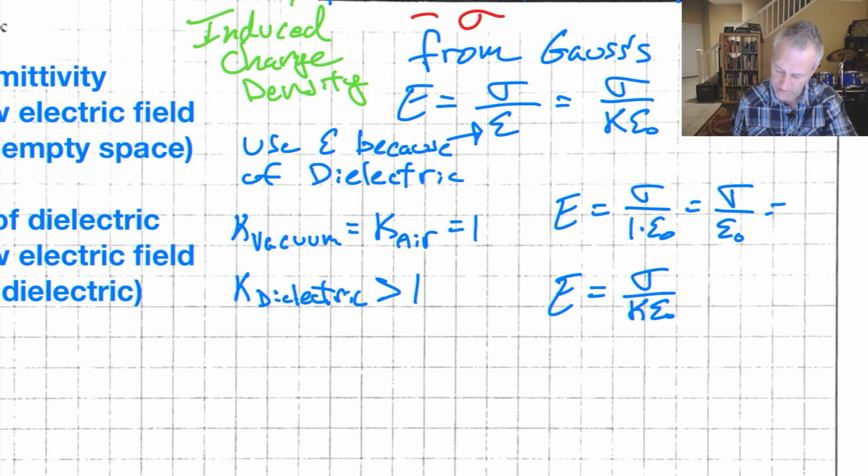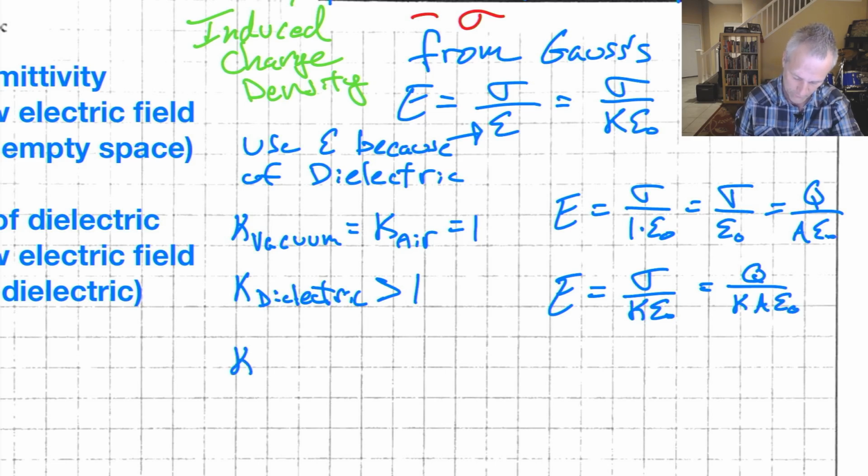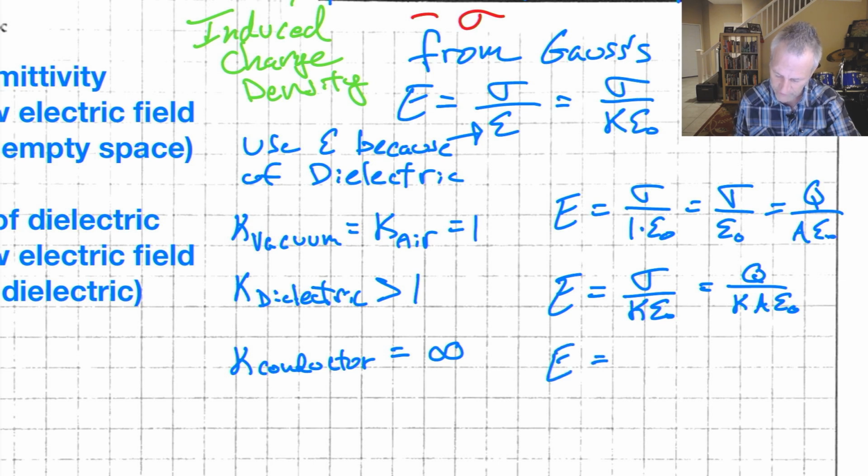We could also say here that sigma is Q over A. So this could also be Q over K A epsilon naught. And for a conductor, K is basically going to be infinitely big, which means our electric field would be divided by infinity.